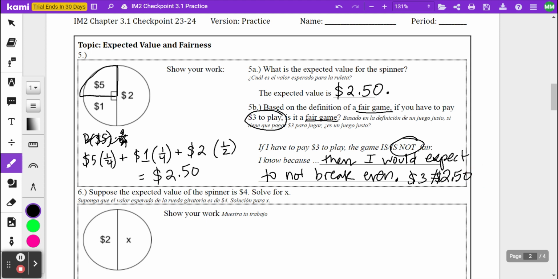Remember, in order for a game to be fair, the cost must equal the expected value. Let's just write that in there.